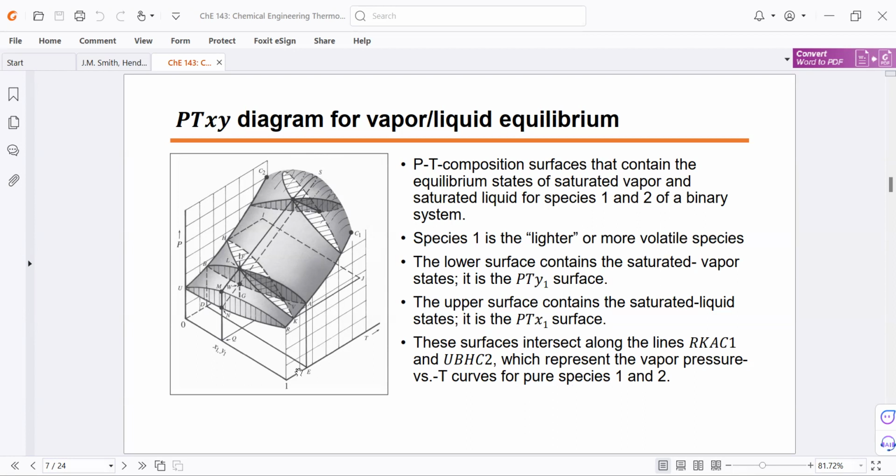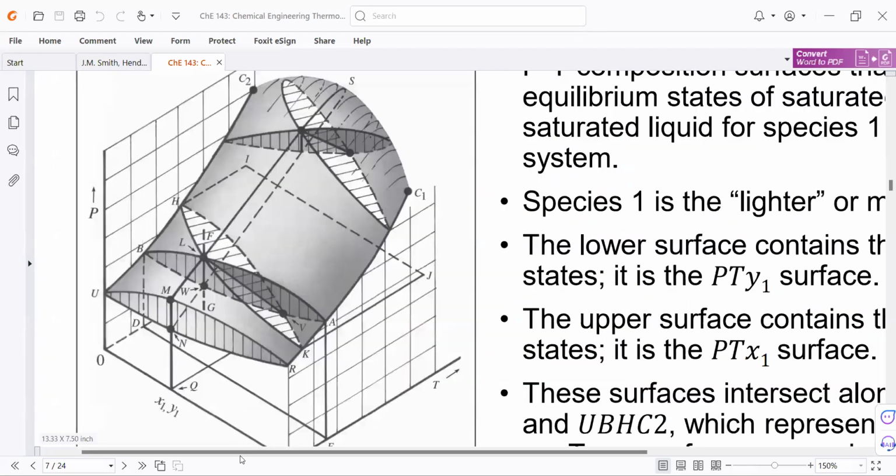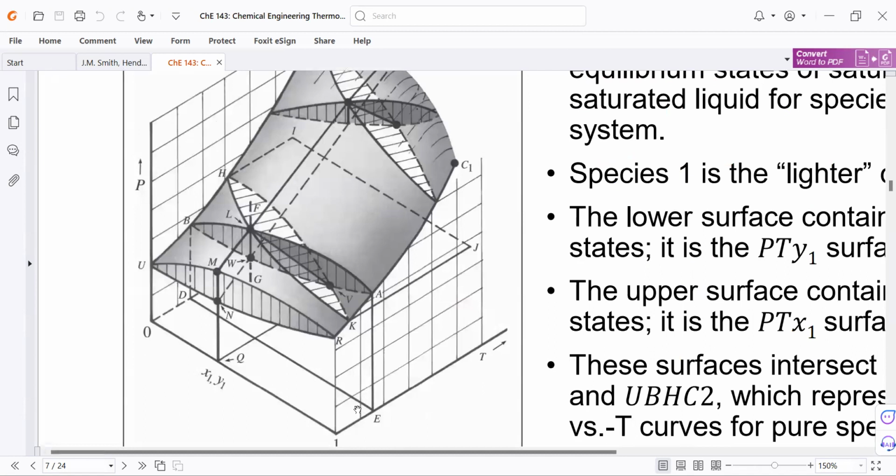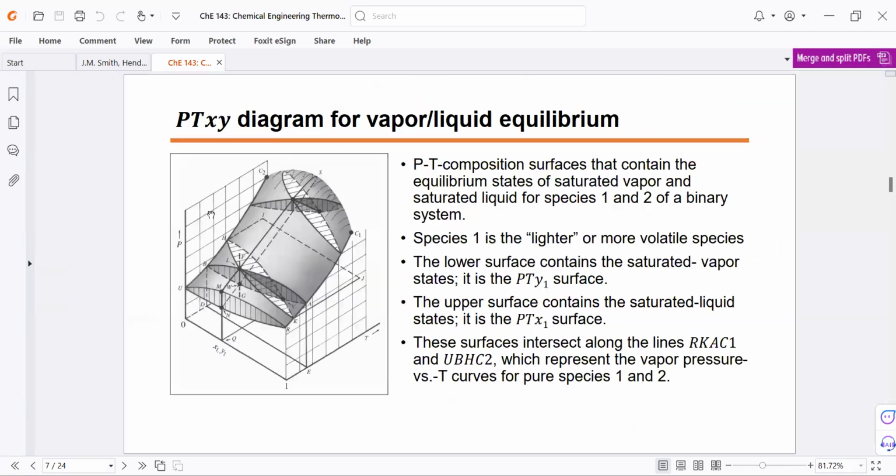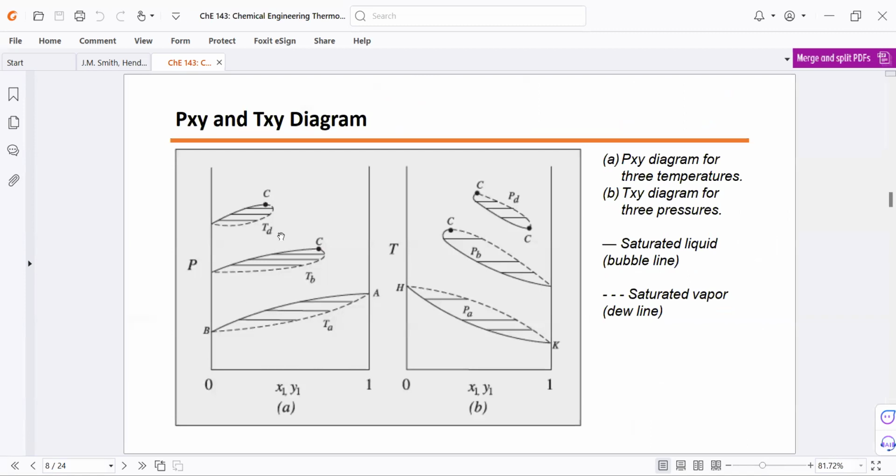Let's fix the temperature, say for example, at point E. The PXY diagram is like slicing this graph like a cake, along the points E, D, B, L, A. If we project this surface on a 2D diagram, then we get the PXY diagram.